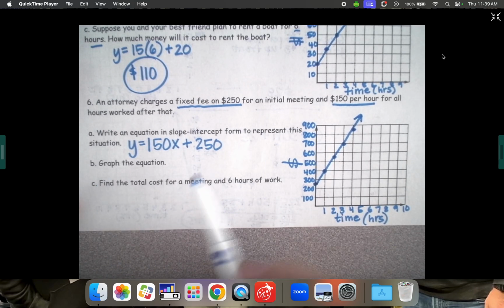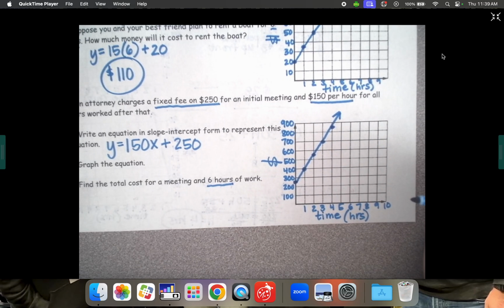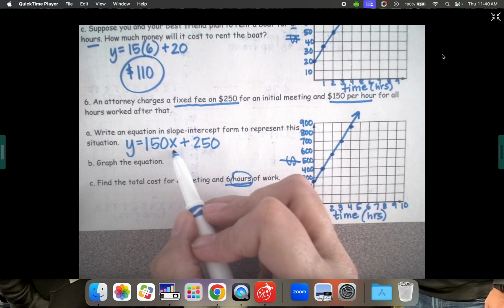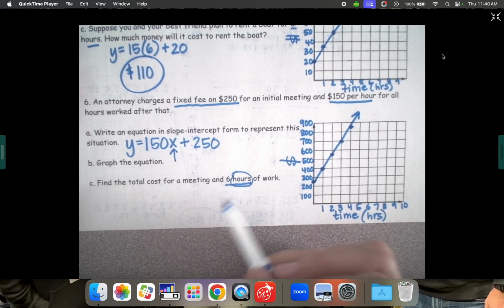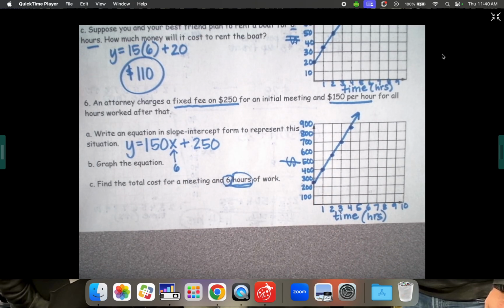Find the total cost for meeting for 6 hours. So again, 6 hours is barely off our graph. We can't really determine it based on our numbers, based on our line here, but we know that hours is our X. So all we need to do is plug in 6. We need 6 hours worth of work from this attorney.